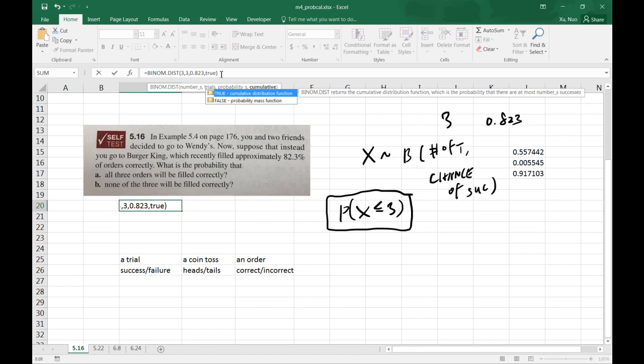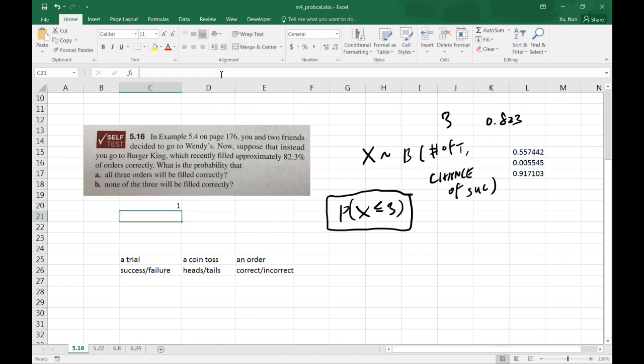Again, remember how many total trials. What is the number of total trials? It's 3. Okay, so the number should be 1. Correct? So in binomial distribution, the variable has a maximum value, which is the number of trials. So in this case, x cannot be greater than 3.